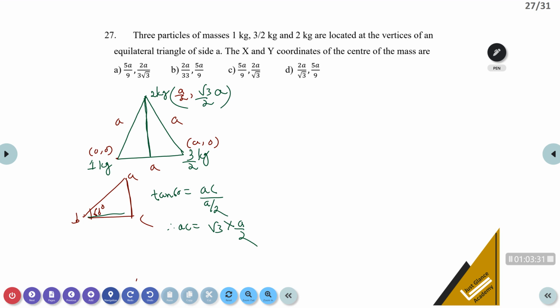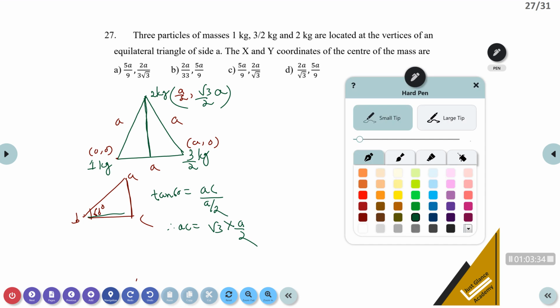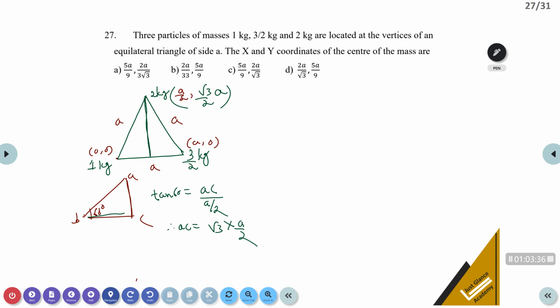Once you are able to find the coordinates of each mass, here one mass is the first, a second mass, and this is the third mass. Now, you follow the usual method, that is x cm equals m1 x1 and all that. So x of center of mass equals m1 x1 plus m2 x2 plus m3 x3 divided by m1 plus m2 plus m3.